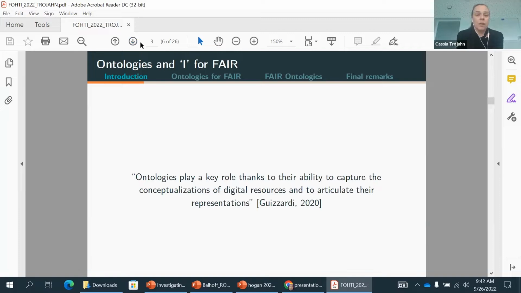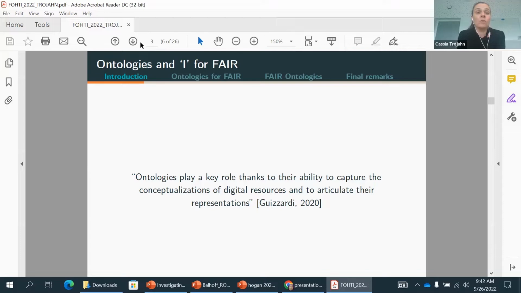Giancarlo Guizzardi, who also participated as co-organizer of the workshop, stated in his paper in Data Intelligence two years ago, and this is an affirmation that you from the ontology community can follow, that ontologies play a central role in interoperability when following the FAIR principles, because they are able to capture the conceptualizations, the semantics behind the descriptions, and can richly describe the digital resources in order to articulate the representation.